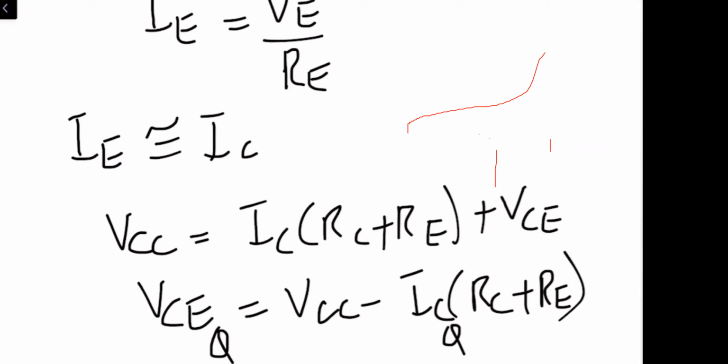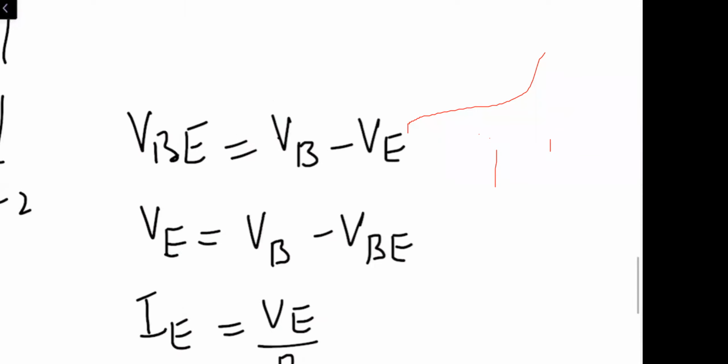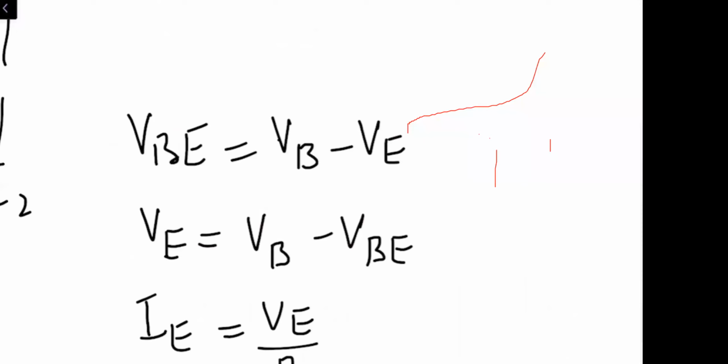Sir, how is VBE equal to VB minus VE? If you see, VBE is equal to VB minus VE, right? Is this point clear to you? No, sir. Okay, when we write a voltage with two subscripts, it is basically the difference between the two voltages.